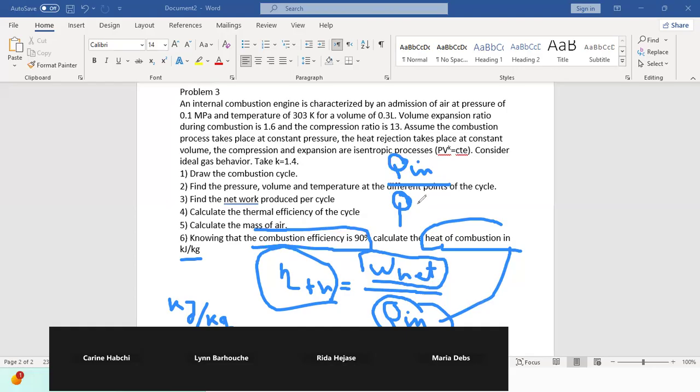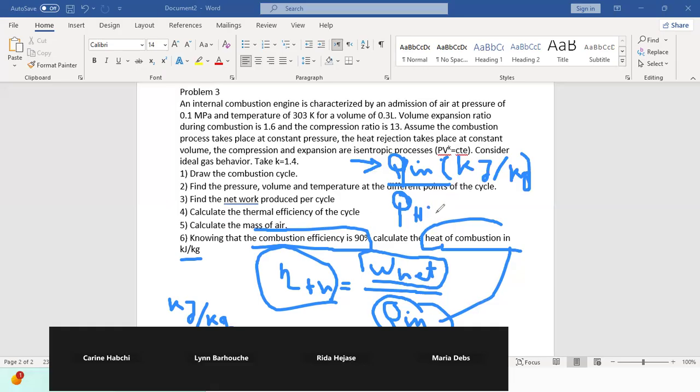So from my cycle analysis, I will determine Q in. Once I get it in kilojoule, I divide by the mass, so I can get it as a small q, in kilojoule per kilogram. In this problem, they asked it the other way. They gave me the combustion efficiency, and they asked for the heating value.